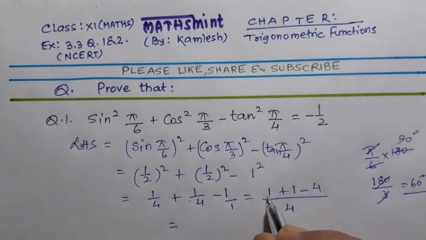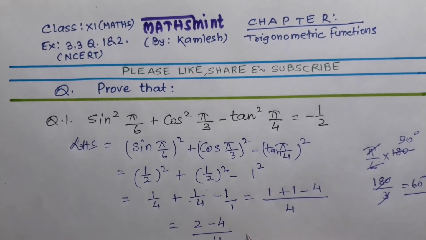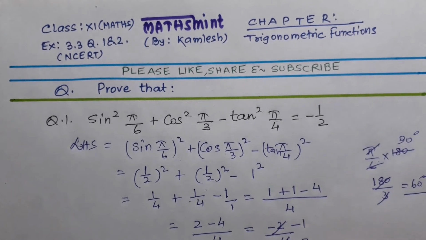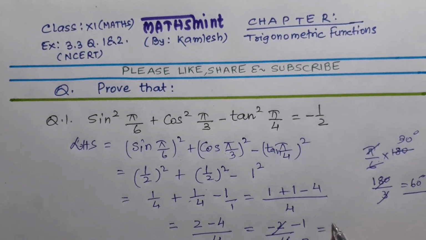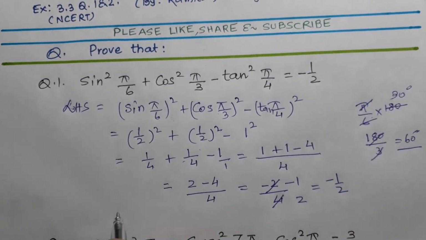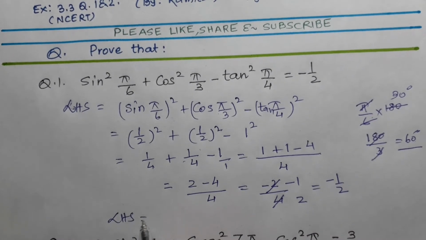So it became 1 plus 1, 2 minus 4 by 4 equal to minus 2 by 4. By 2 we are cutting it, minus 1 by 2. So this is the RHS minus 1 by 2. So we can write here LHS is equal to RHS, proved.